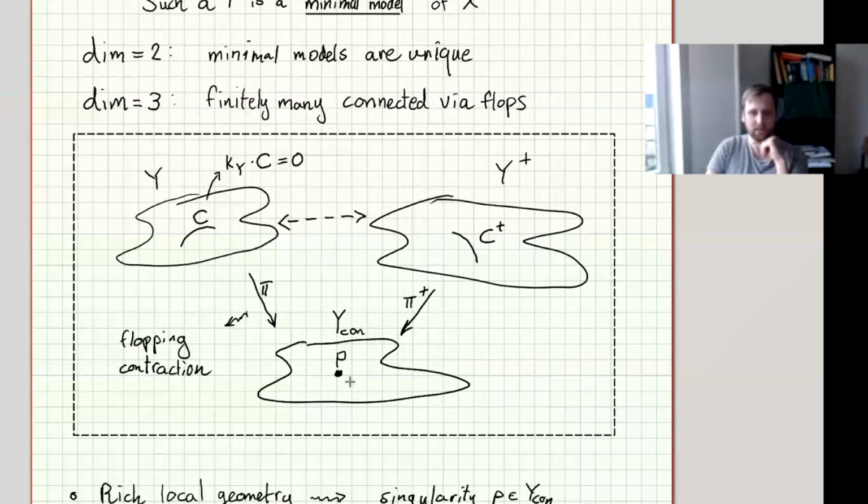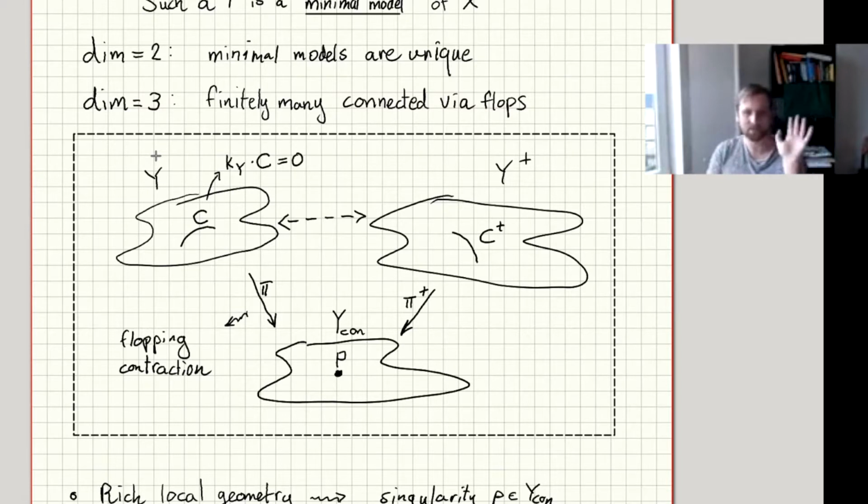So there's a map down to some other variety with a singularity, which is the image of our curve. This is a blow-up map, and there's another way to blow up, and this gives you a new variety with another curve. And in general, there's going to be multiple curves, and these minimal models can have some singularities. In fact, to run the minimal model program, you need to allow for some singularities.